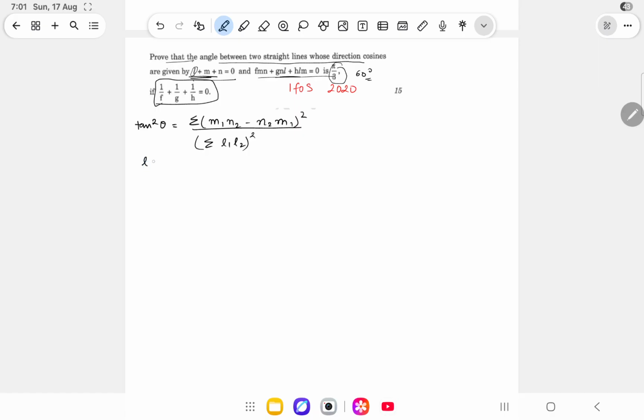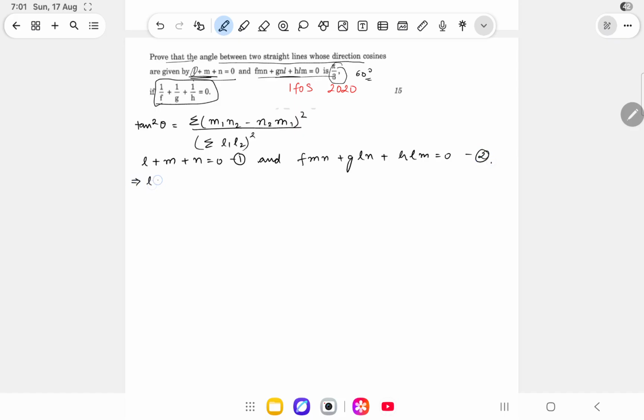So the equations they have given to us are L plus m plus n equals 0, and this is equation number 1, and fmn plus gln plus hlm equals 0. This is equation number 2.